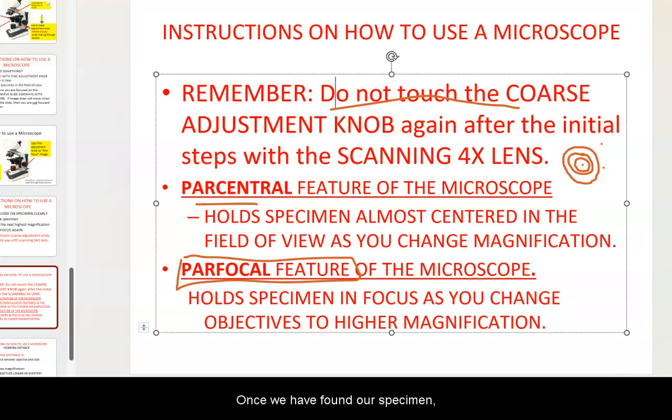Once we have found our specimen and we've made it clear, we can switch to the 10x objective and it will remain clear. After, we may need to fine adjust it a little bit, but the image will remain clear. Then we switch it to the 40x objective. The image is still there. We may need to fine adjust, but we do not need to find the image again from scratch. So you should know, what do we mean by a parafocal scope? What do we mean by a parcentral scope?